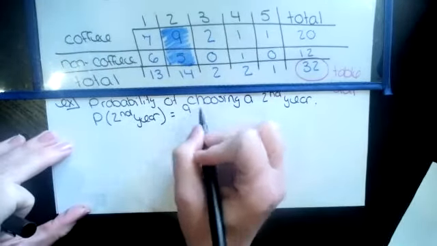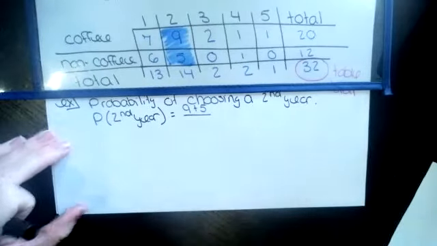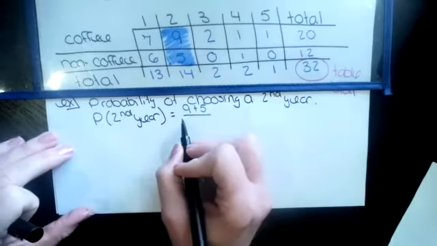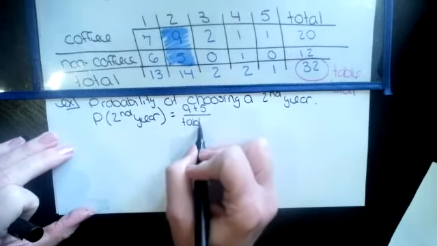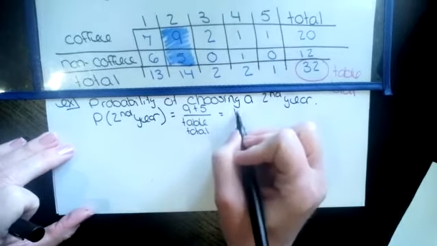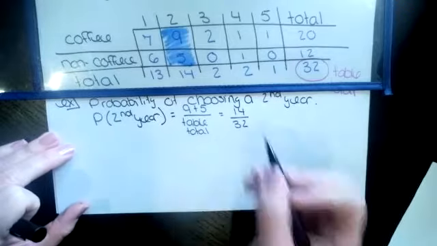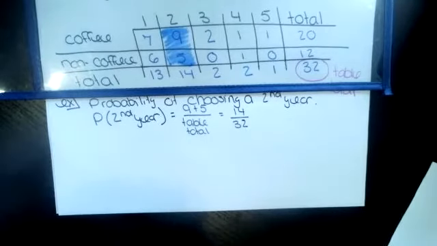So it's going to say, I know it's 14, but I'm showing you, it's going to be 9 plus 5 in my numerator, and then it's going to be my table total in my denominator. So it's going to be 14 out of the 32 here, okay?